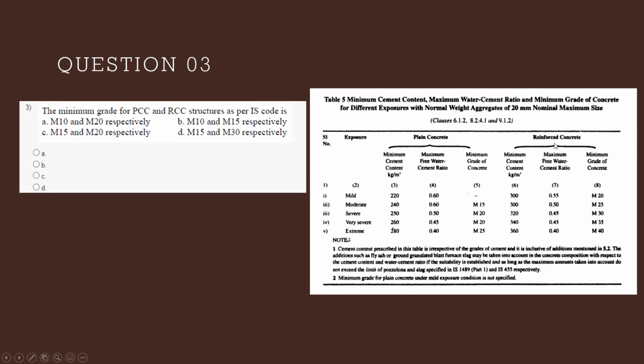And for reinforced concrete under mild conditions, M20 is the minimum grade of concrete. So we can go with M15 and M20 respectively. Option C will be correct for this question.